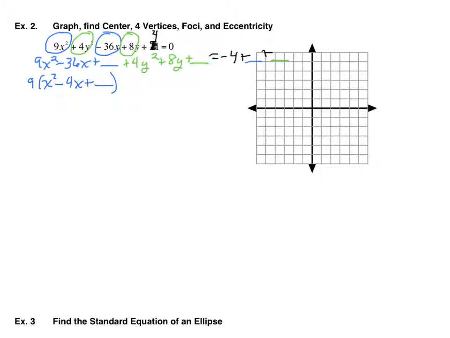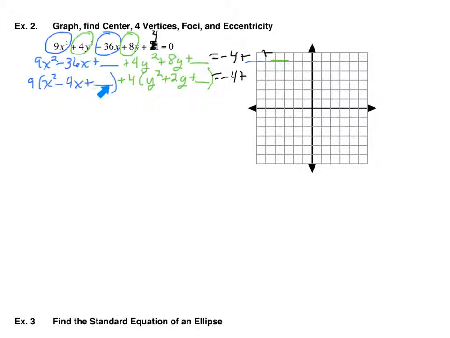Then we're going to factor out the 4, plus 4 times y squared plus 2y plus blank equals, here's the issue. I have a negative 4 plus, I'm running out of room.